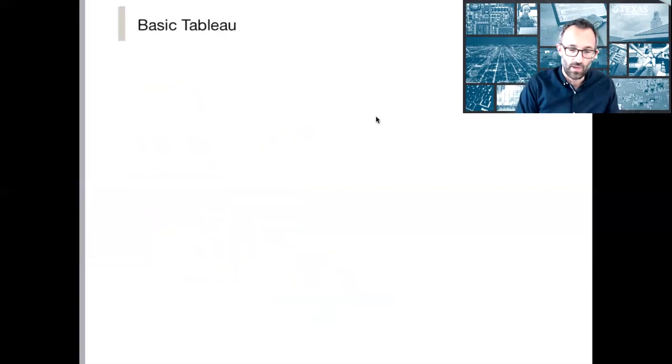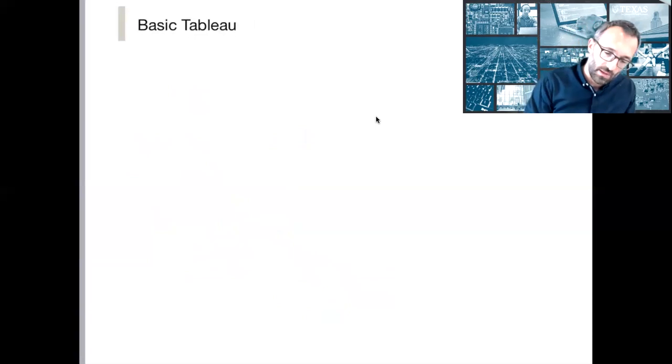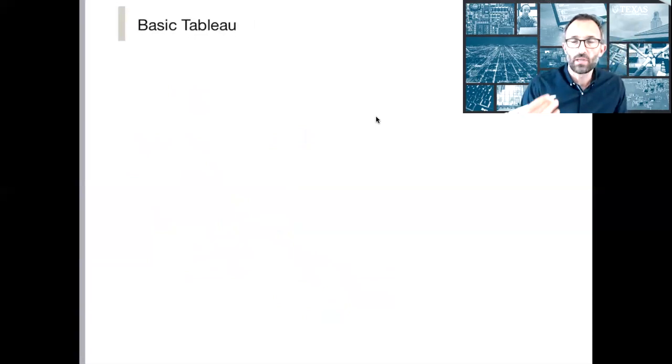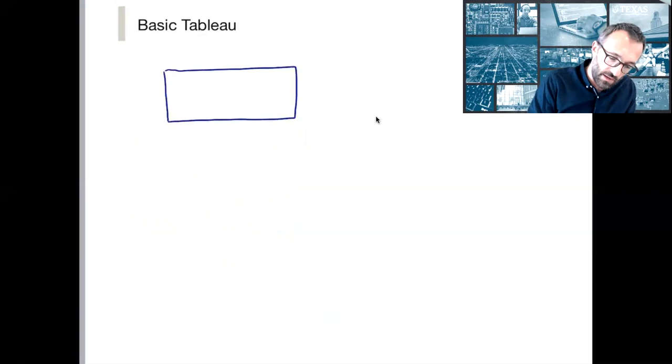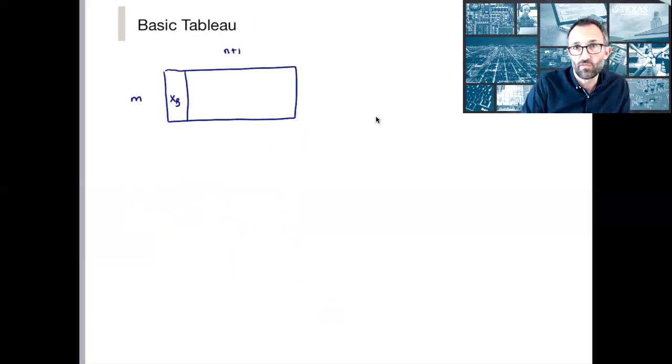So now let's get to the basic Tableau. The basic Tableau is going to explain an algorithmic approach for us to do all of the conceptual calculations that we have been talking about, and we'll do some examples. The Tableau is m by n plus 1. n is the number of columns of the matrix, and I've added one column here. So this is xB, of course, which is AB inverse times b.